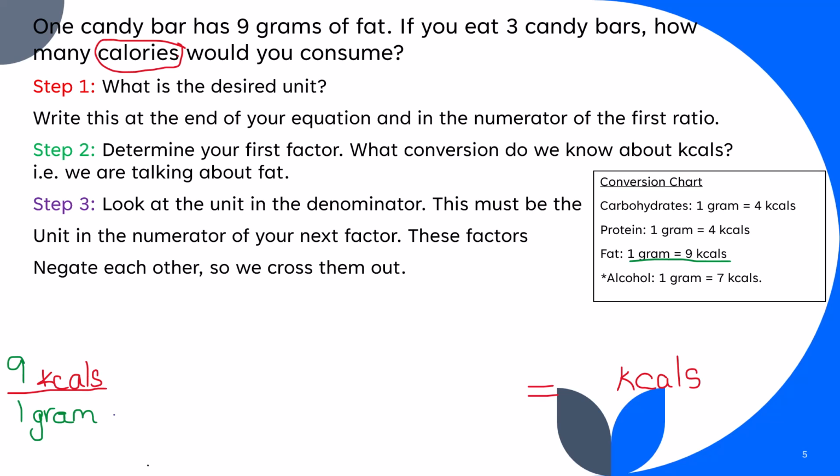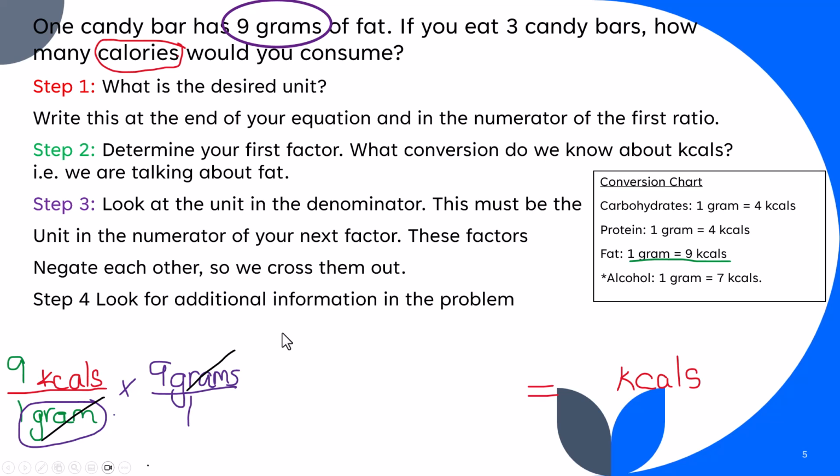The next step, look at the unit in the denominator. We have grams. This must be the unit in the numerator of your next factor. So we look up in the question and we see that there are 9 grams of fat. We write that as 9 grams over 1. These factors negate each other, so we cross them out, leaving us with just calories, which is what we need in the final answer.